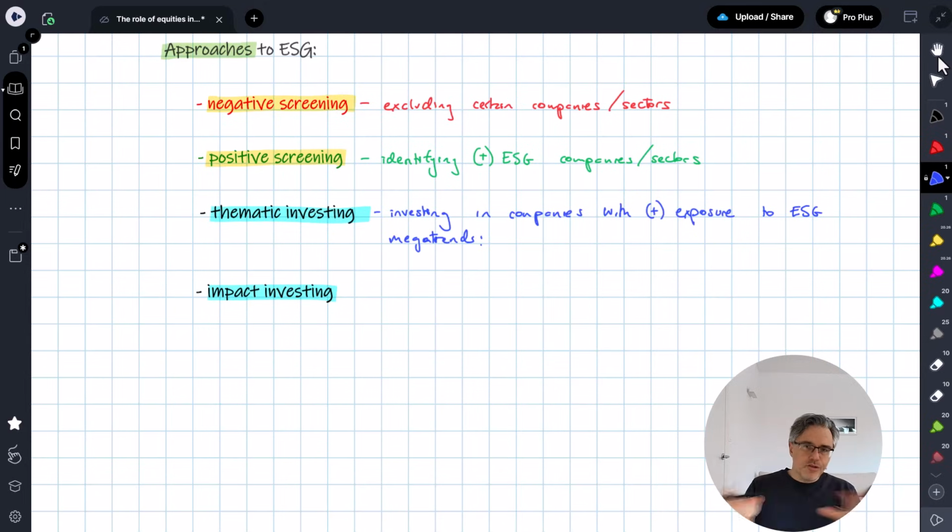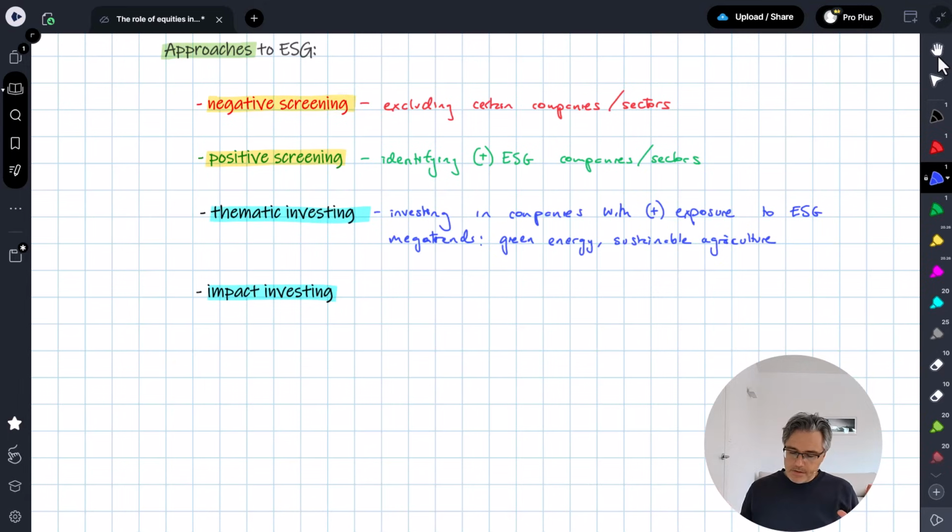Examples of ESG related megatrends would be things like green energy, so renewables, for example, and companies involved in that sector, or maybe sustainable agriculture, affordable housing would be another one. I often see something, the book doesn't mention this one, but for example, the circular economy. So companies that promote reusing instead of generating waste and throwing things out.